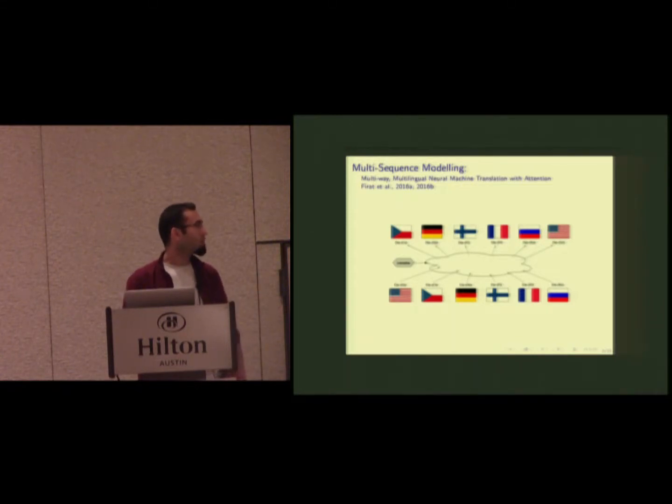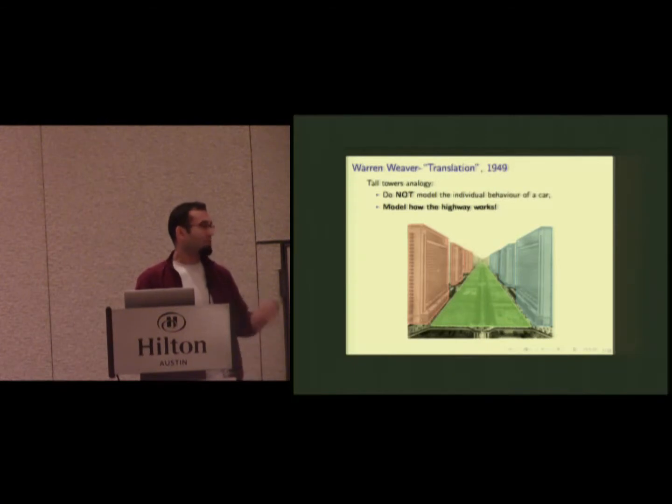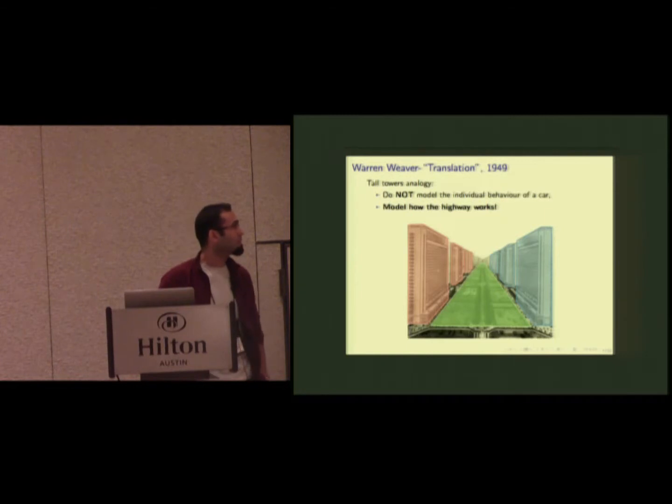So essentially, let's increase the number of encoders and decoders, but keep just one attention function. It does tell us: do not model the individual behavior of these cars, but just model how the highway works.